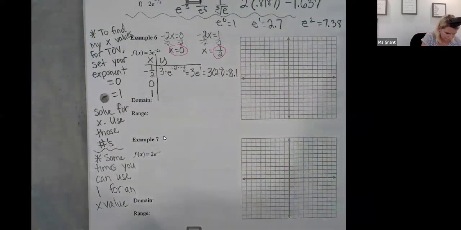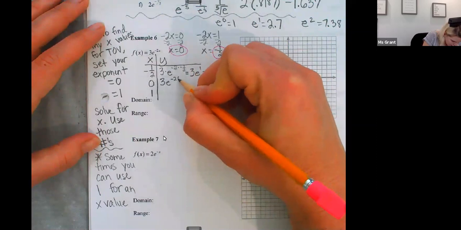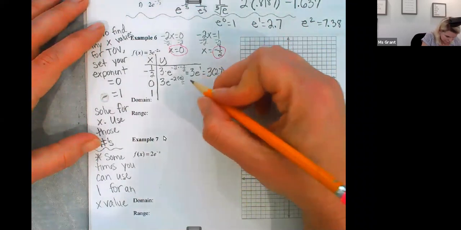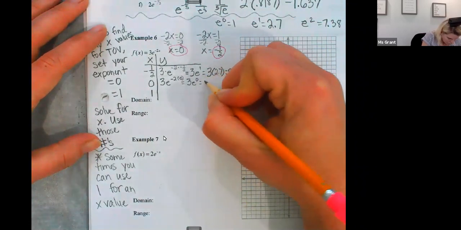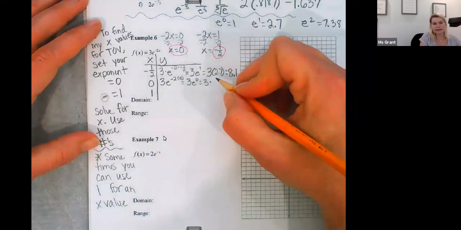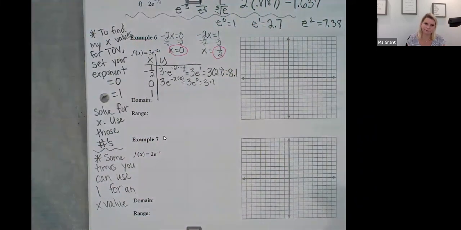Next, I'm going to do 0. 3e to the -2 times 0. That's 3e to the 0, which equals 3 times e to the 0. e to the 0 is 1. 3 times 1 is 3.